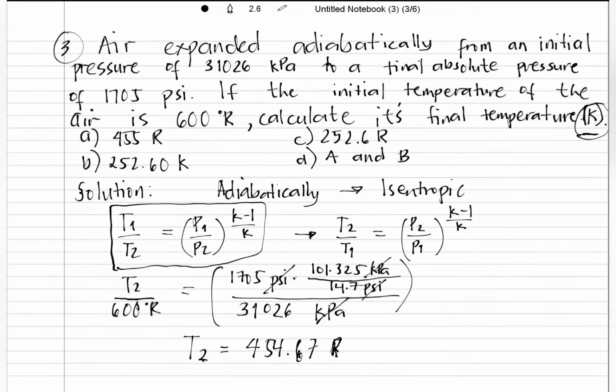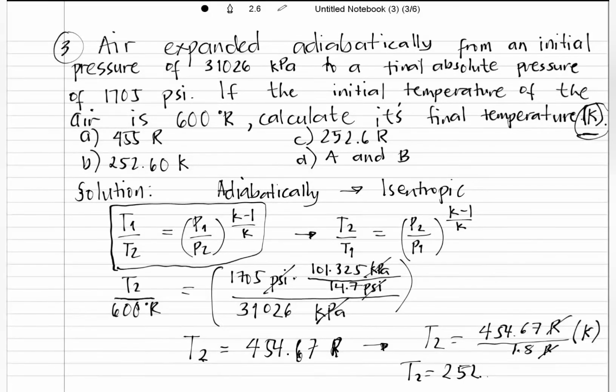So nakita nyo naman sa problem. So i-convert natin. So para maging Kelvin siya, ang gagawin mo dyan is 454.67 Rankine, divide mo lang sa 1.8. So yun yung ating special conversion para maging Kelvin siya. So meron siyang R dito, meron kang K dito. Cancel yan, cancel yan. So T sub 2 in terms of Kelvin will be 252.6 Kelvin.